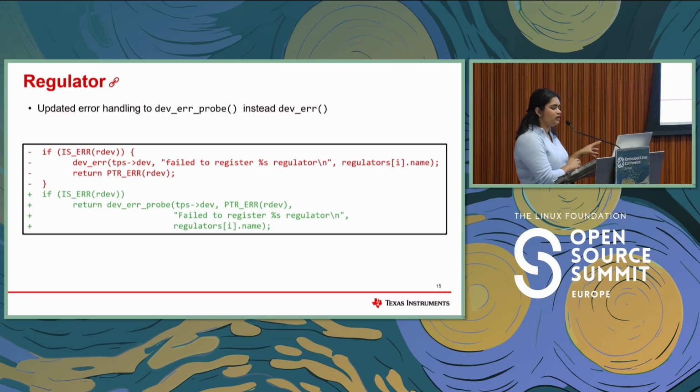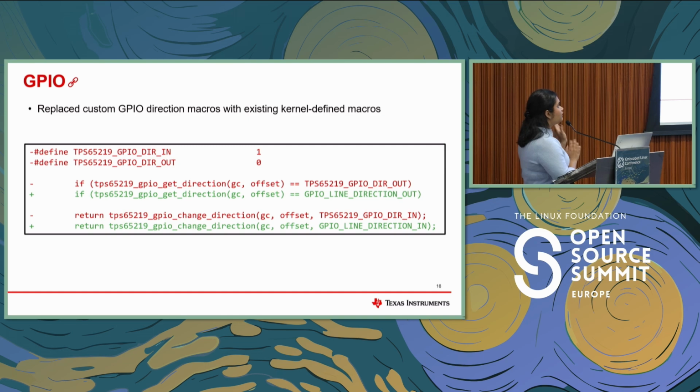I also removed the module alias to leverage the auto generation of the alias that was happening with the module device table. Then there were debug functions that were eliminated to optimize the production code, and that was all different patches for the regulator series. For the GPIO cleanup series, it was pretty straightforward. Instead of having custom GPIO direction macros defined at the top 2 rows, I used the existing kernel defined macros, because if it's there, why not use it?